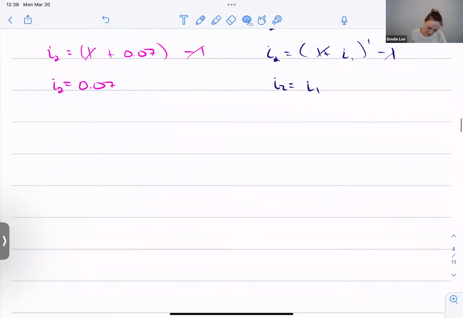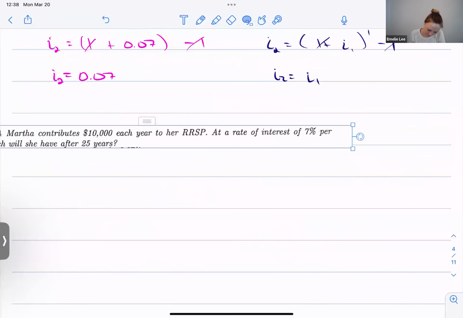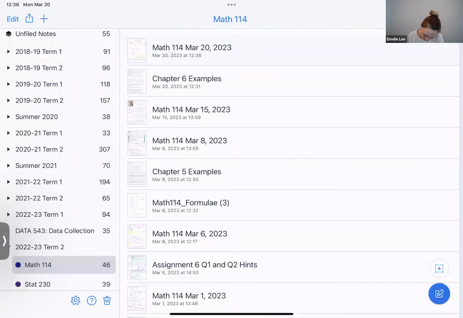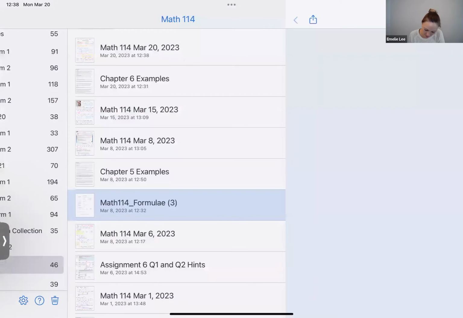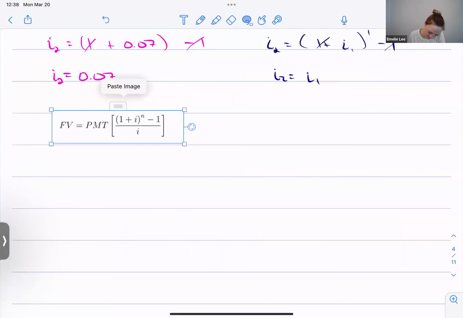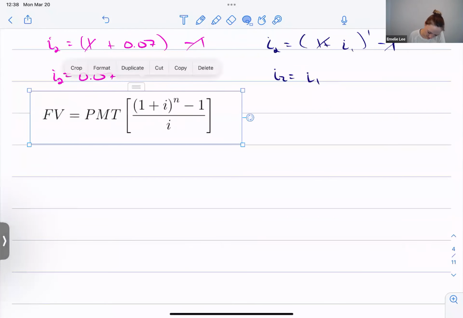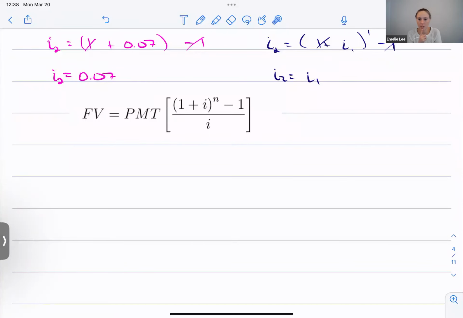So we want to find the future value, and we have all these components.